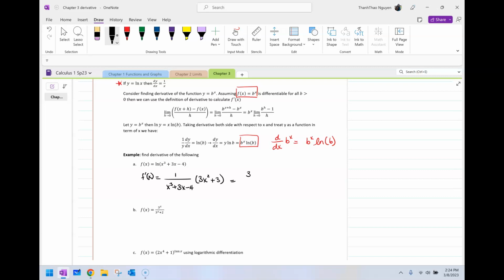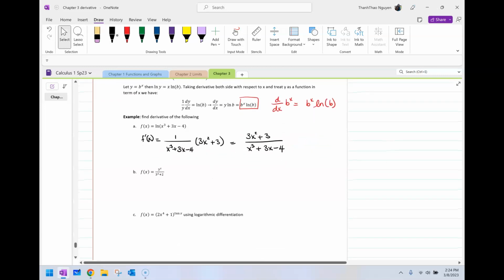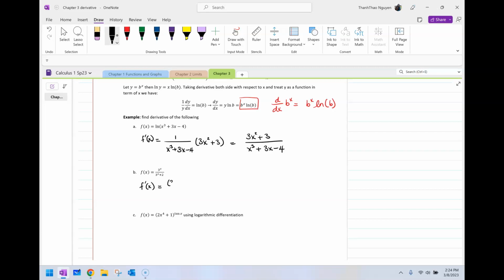So this is equal to 3x squared plus 3 divided by x to the third plus 3x minus 4. So let's simplify this.